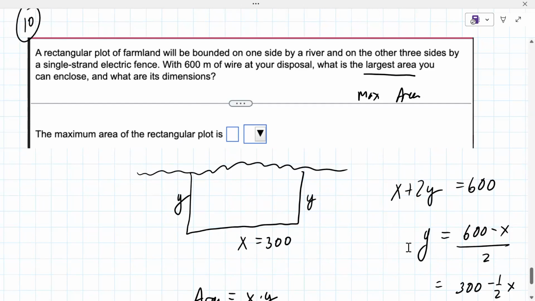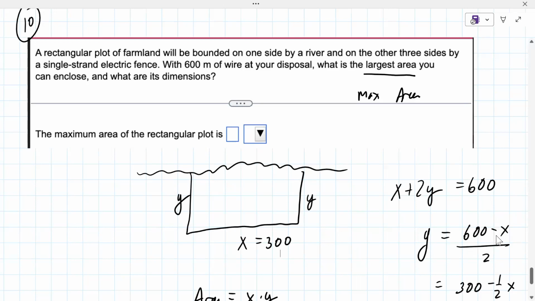So now y, give me the value of y based on this equation over here. 600 minus x over 2. Do you know the value of x? Yes, 300.